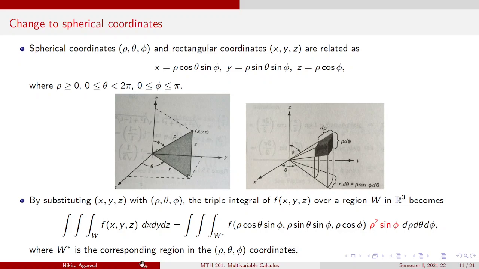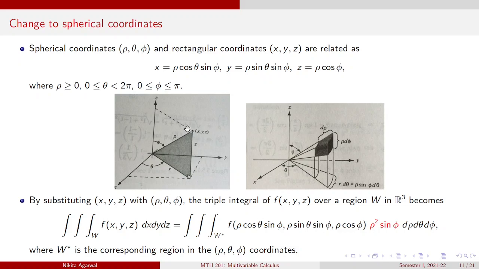And w star is the corresponding region in the new coordinates. How do you get this? So you do the same thing. You have theta, the infinitesimal change in theta is d theta, infinitesimal change in rho is d rho, and infinitesimal change in phi is d phi.